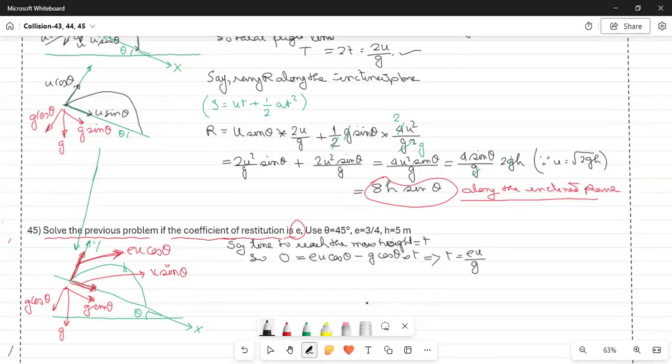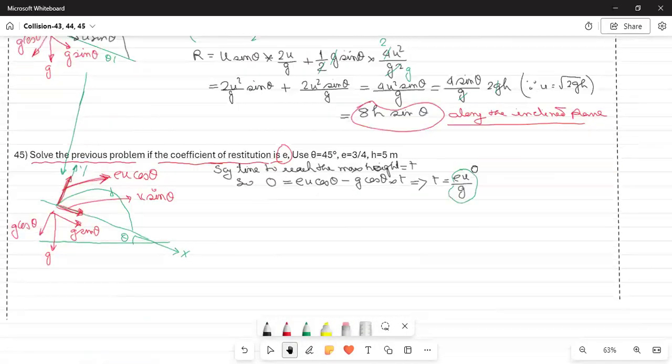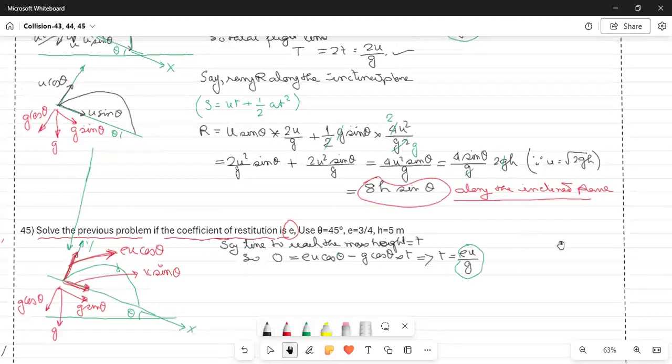We should also compare this. Earlier we got t is equal to u by g. Now we get t is equal to e u by g. So we are perfectly in sync with the problem. Right?